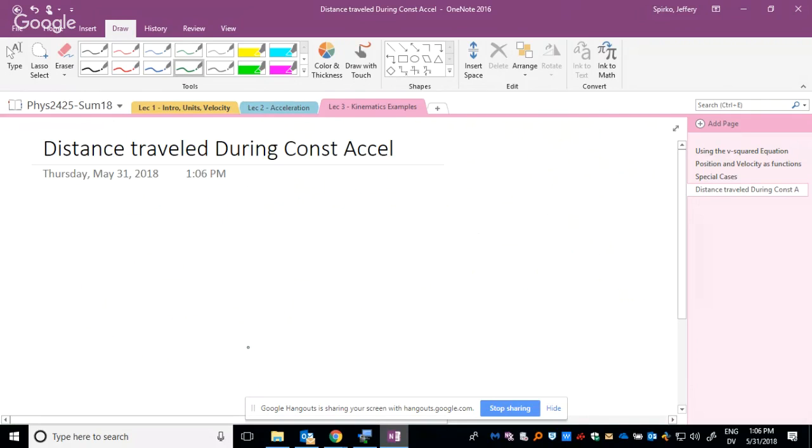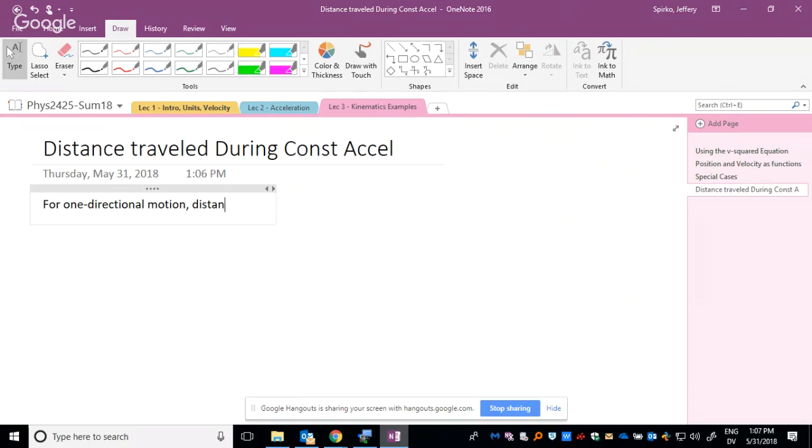And the basic principle is, if you have one directional motion, the distance traveled is the absolute value of the displacement.